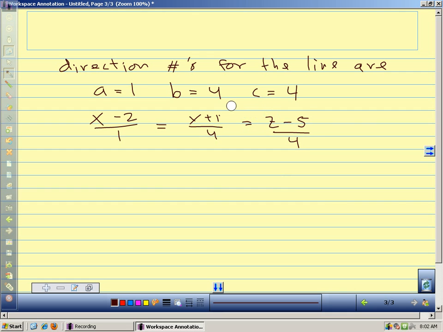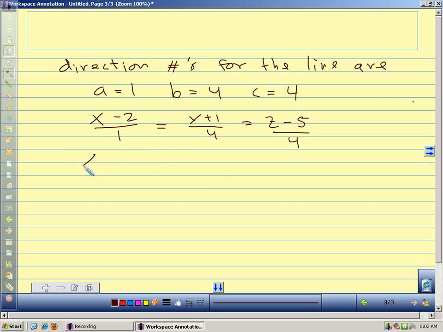If we wanted to write the parametric equations, how would we write them? Right, so everything equals t, our parameter is t.